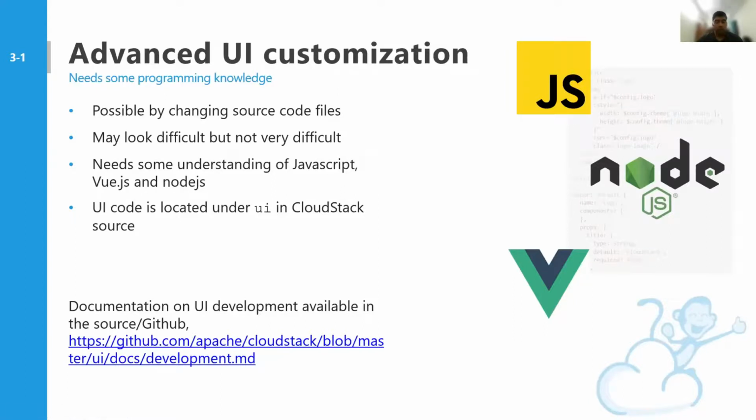Documentation on UI development is also available inside the source itself. So if someone wants to go through how the UI source code is structured, they can follow this particular development MD file from GitHub or from the source code itself.